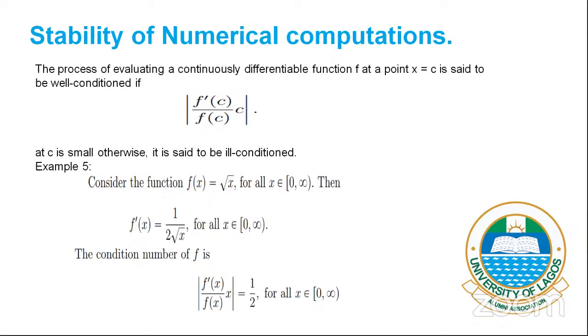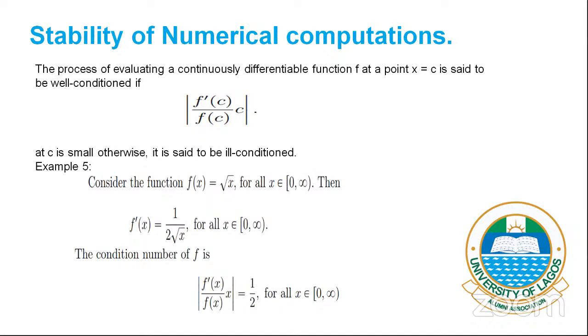So we are just trying to prove whether a solution is well conditioned or ill conditioned. Now, with this example, consider the function f of x equals root x for all x elements 0 to infinity. Then for f prime of x, we have to differentiate.